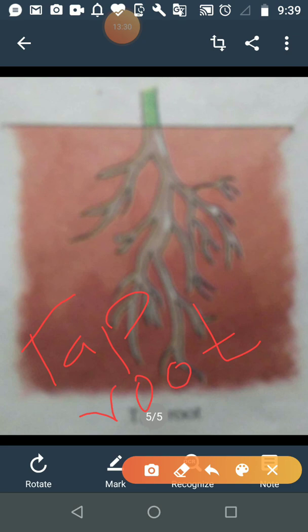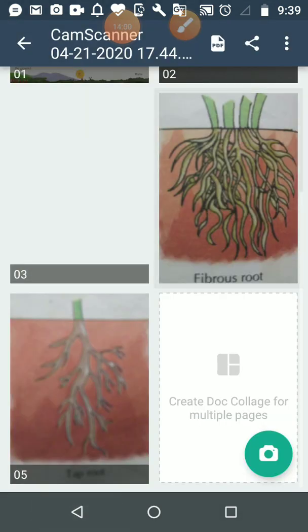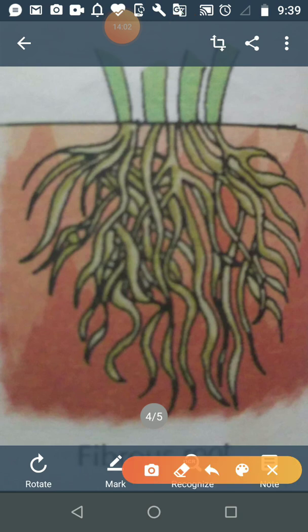Now I show you the picture of a fibrous root. First observe the picture of a fibrous root and then I give you the explanation of the fibrous root. Observe the picture, students.